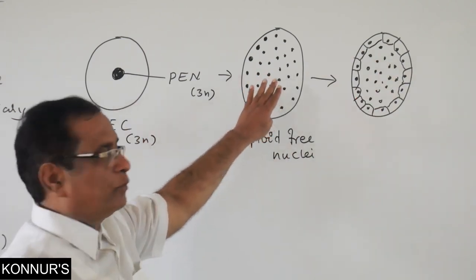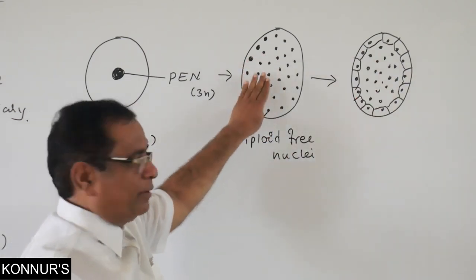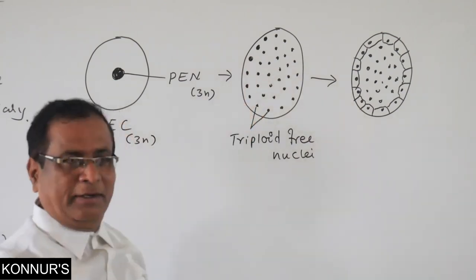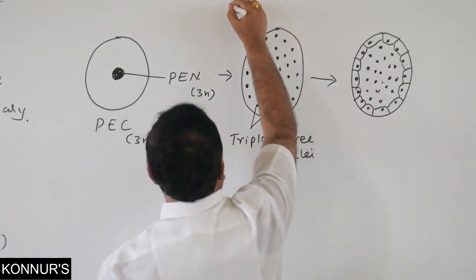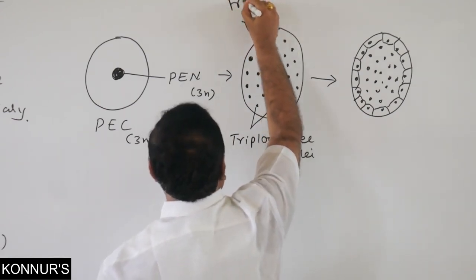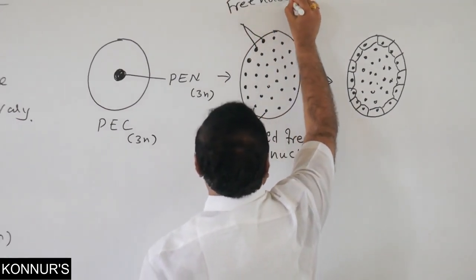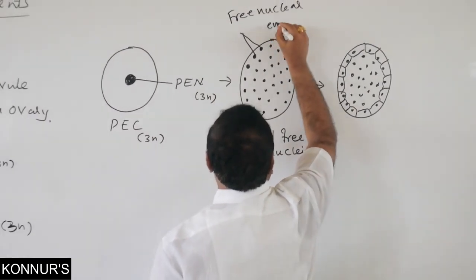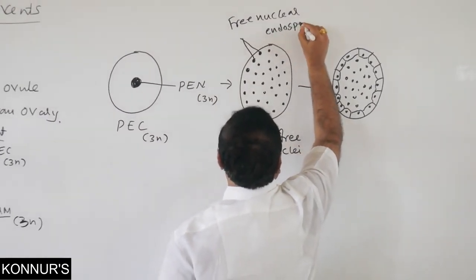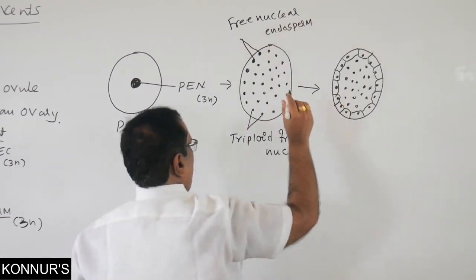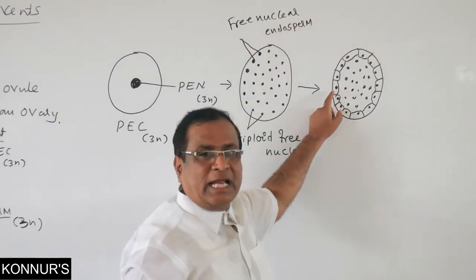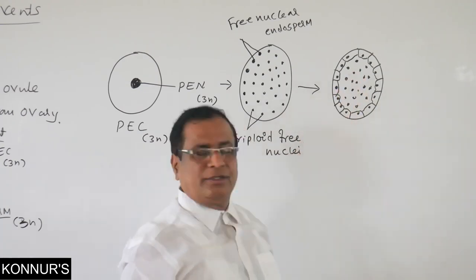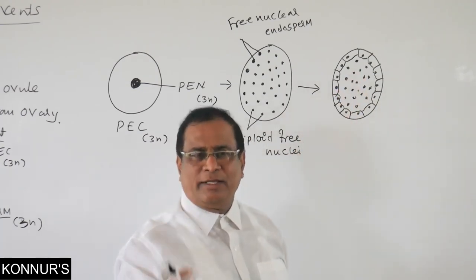Here, totally free nuclei are there, and this you can say free nuclear endosperm. And a cell wall formation starts around all these free nuclei.